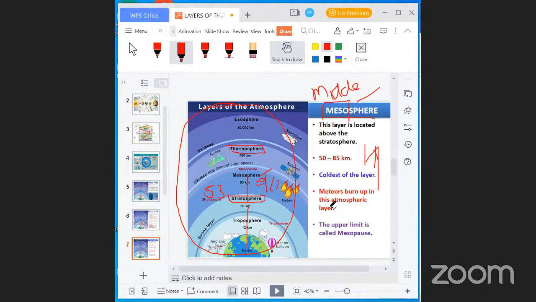Most of the meteors fall and burn up in this atmospheric layer. The transition boundary which separates the mesosphere from the stratosphere is called what? Stratopause, right?